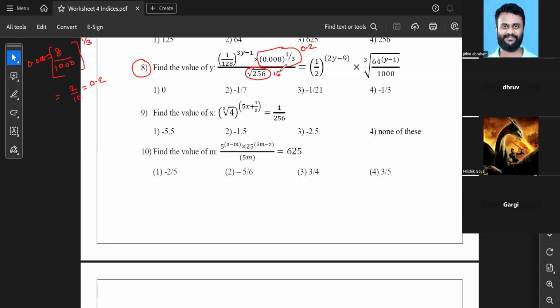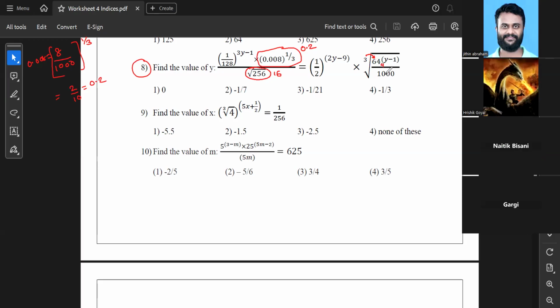Very good. Over here, this cube root can directly convert the 64 and make it 4. Very good. 4 upon 10. Yes, 4 upon 10. And this can make this number 10.